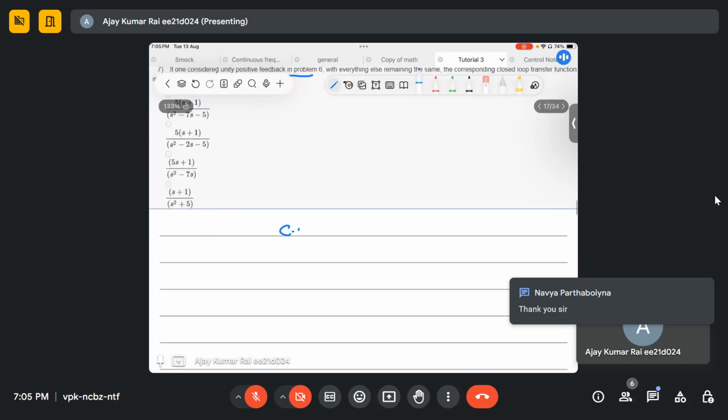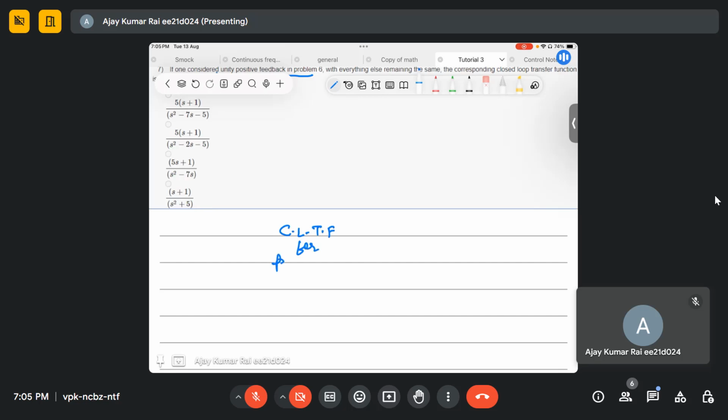So the closed loop transfer function for positive feedback is equal to G(s) by 1 minus G(s)H(s). And for the unity feedback you can directly say H(s) is equal to 1. So I'm writing G(s) by 1 minus G(s).